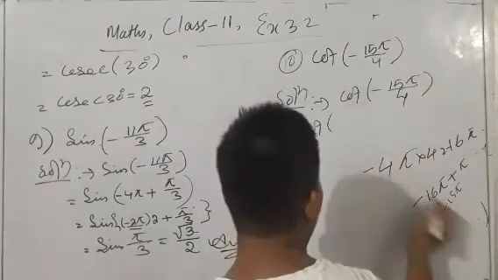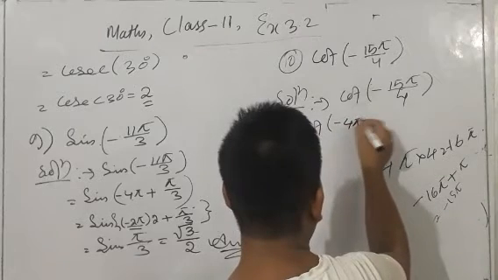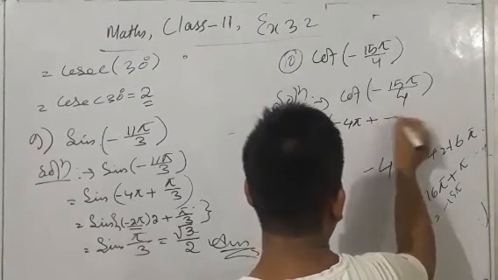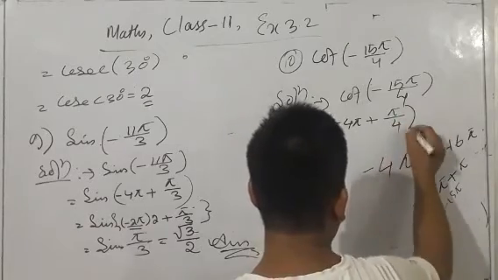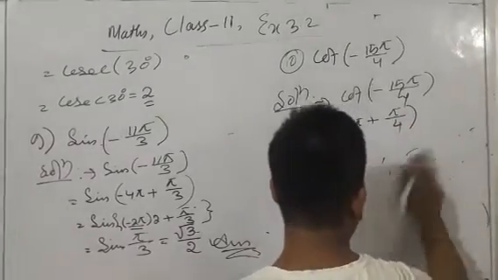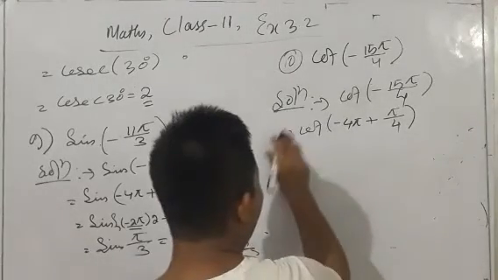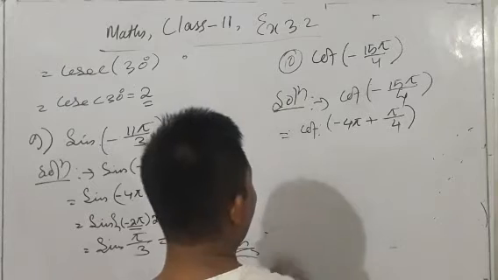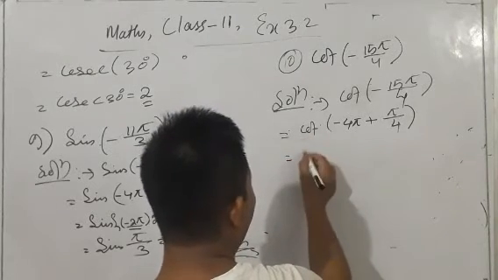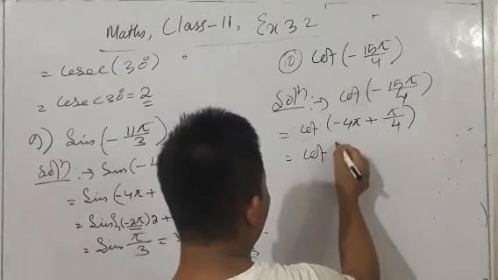In this way we can do it. So it will be minus 4 pi plus pi by 4. That means again we can break this.